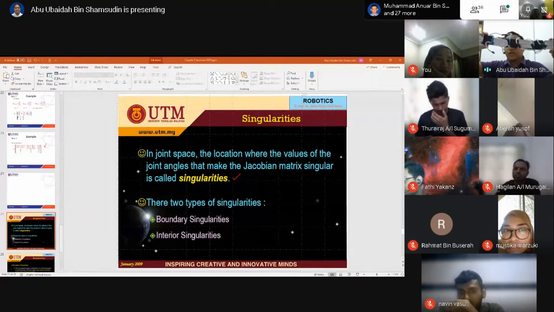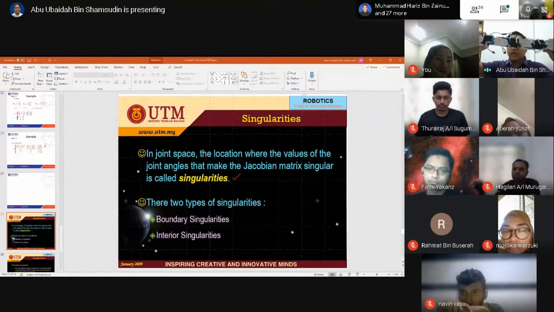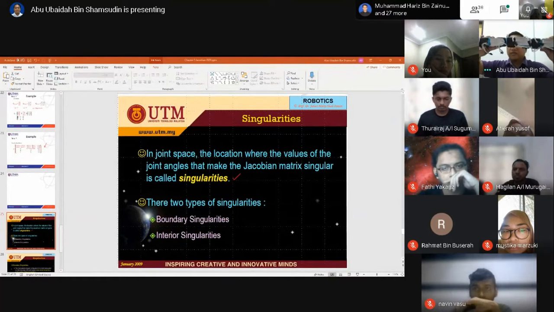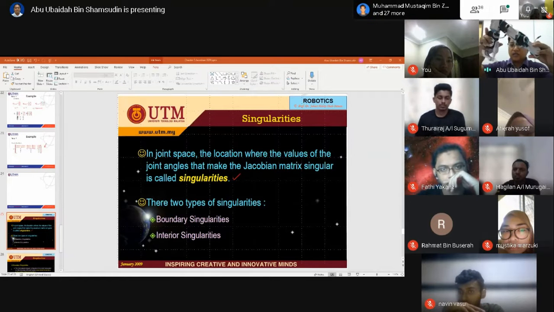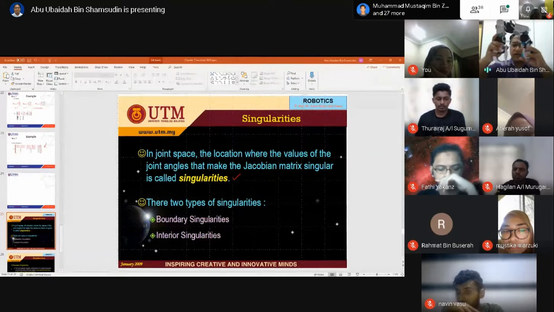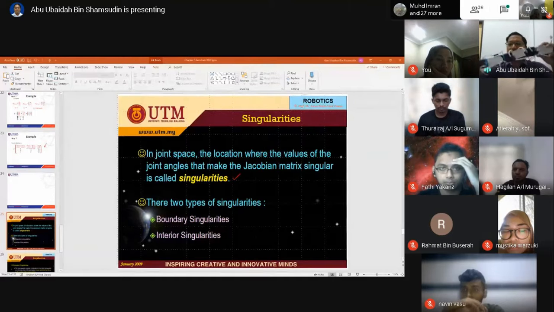It cannot move this way because when the robot tries to move this way, there will be infinite force. Actually it is possible if we bend this joint here a little bit, then we can do the Jacobian velocity calculation and we can move our robot this way. But if our robot is straight like this, it will be joint lock. So if we try to calculate our robot to move this way, the robot cannot move.